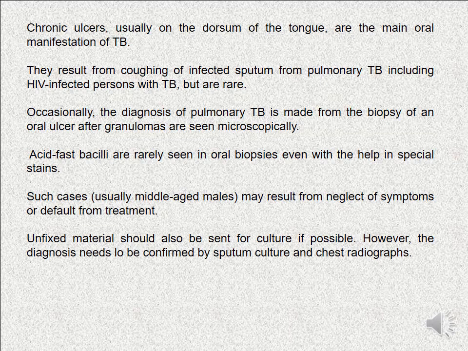Such cases, usually middle-aged males, may result from neglect of symptoms or from default from treatment. Biopsy material should also be sent for culture if possible. However, the diagnosis needs to be confirmed by sputum culture and chest radiography.